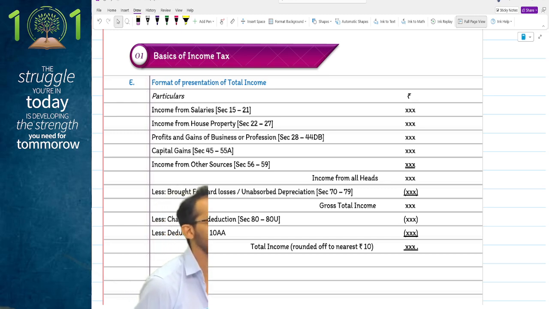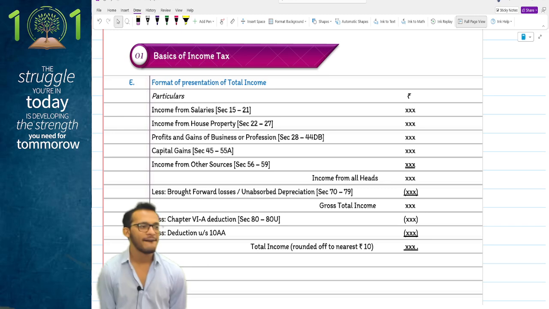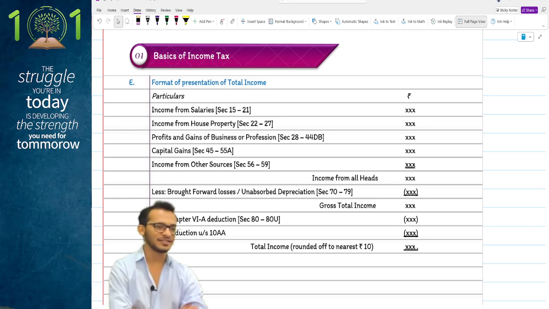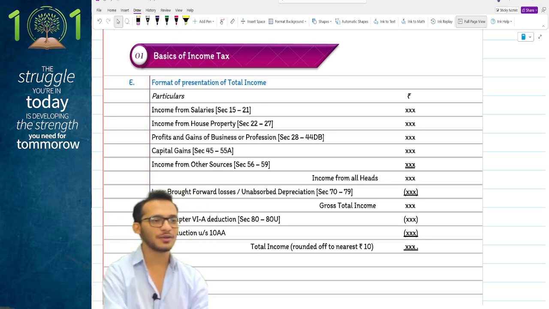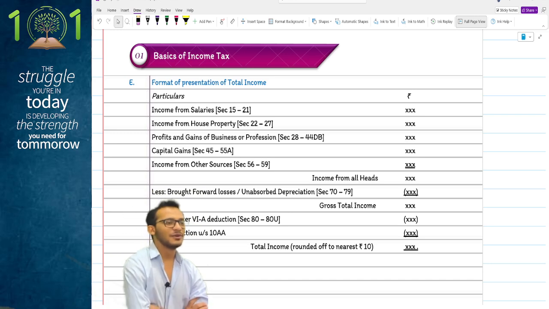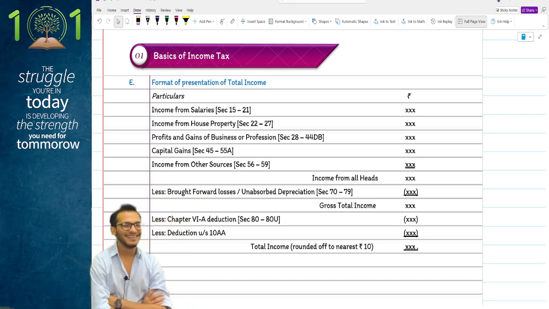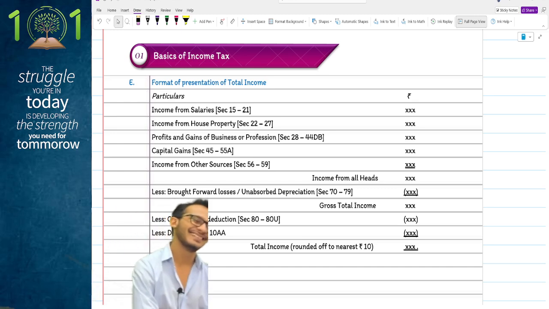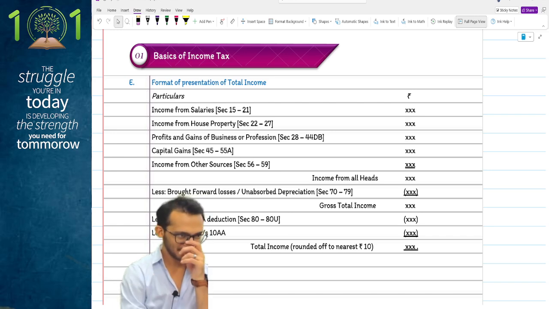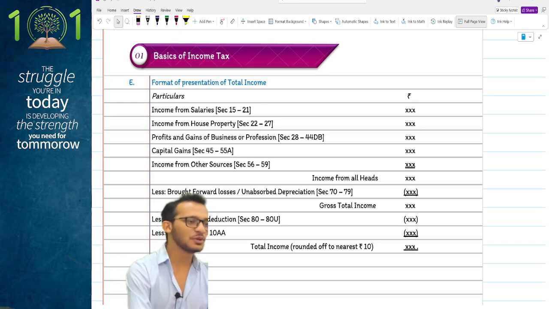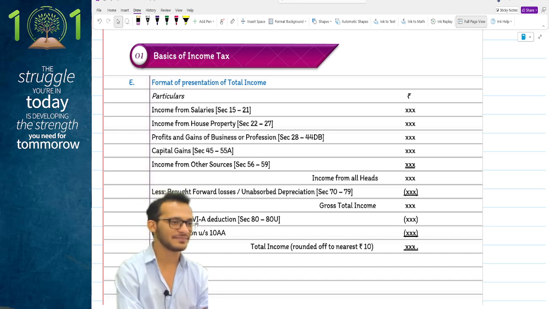You will first prepare the computation, then only will you prepare the tax audit report. How do you prepare a tax audit without knowing the computation? You should know what to disallow and what to allow, no? You will always prepare a draft computation based on which the tax audit is filed.